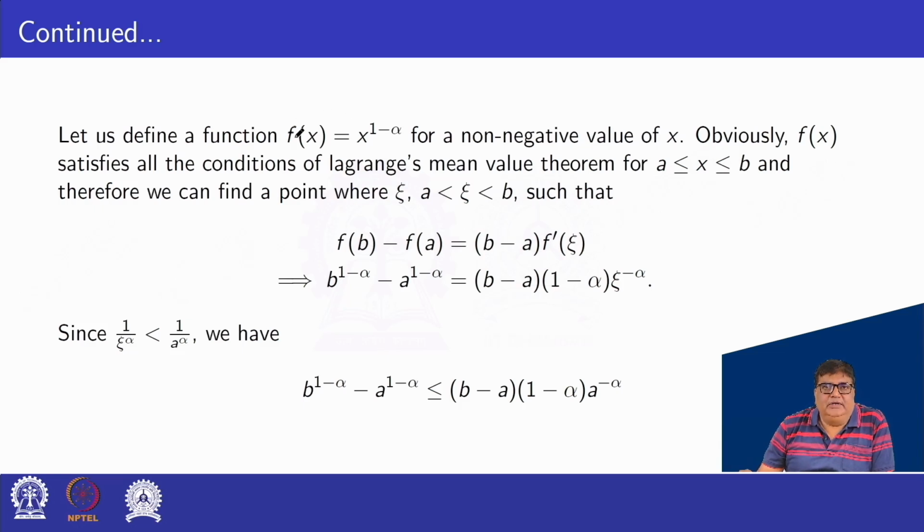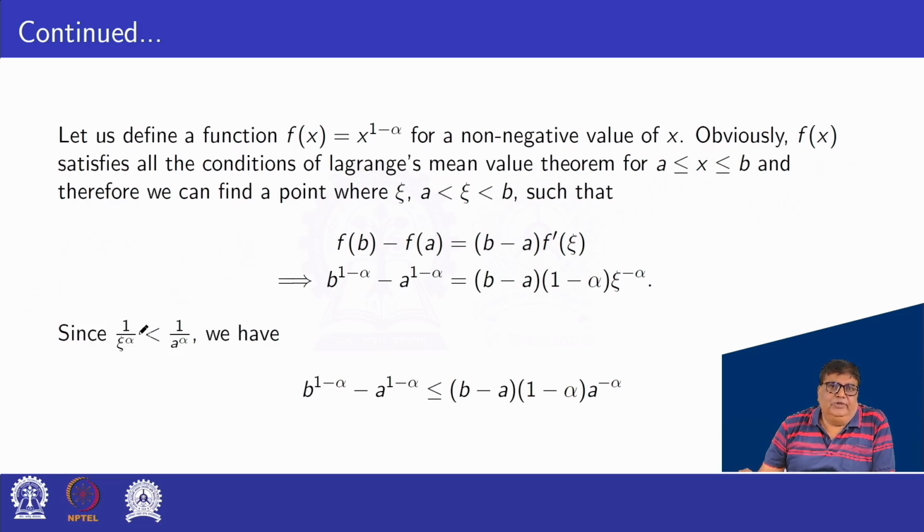So, the function is defined as f(x) equal to x to the power 1 minus alpha, then b to the power 1 minus alpha minus a to the power 1 minus alpha is equal to b minus a into 1 minus alpha xi to the power minus alpha, the value of f dash xi. Differentiating f(x) with respect to x and putting x equal to xi, we get 1 minus alpha xi to the power minus alpha.